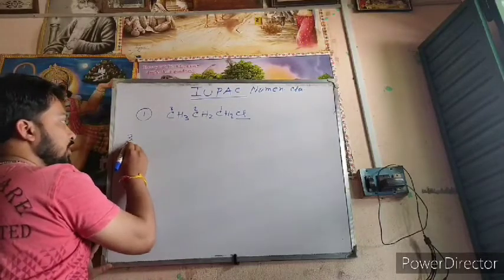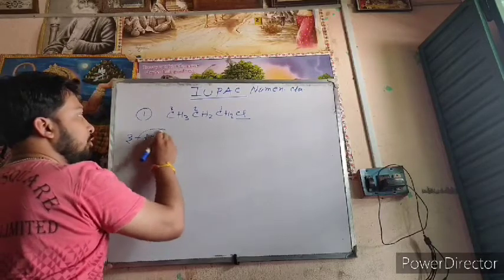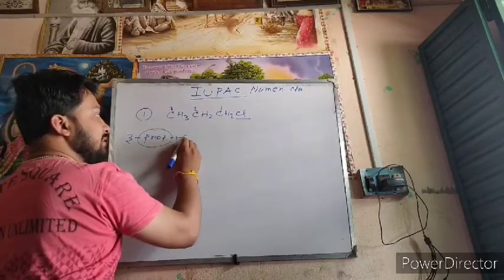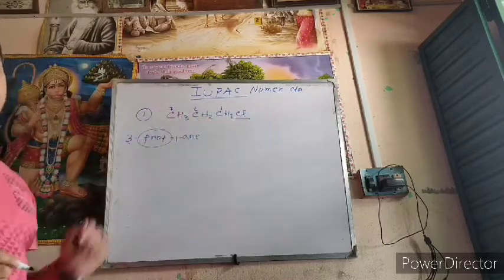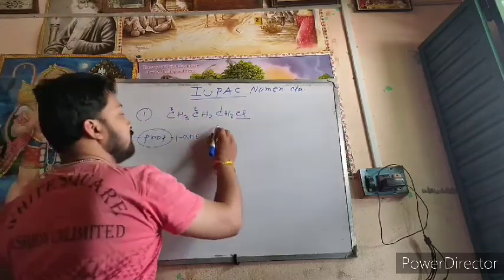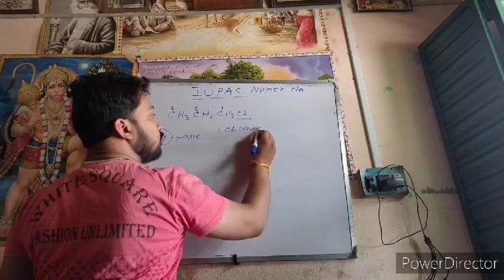Number of carbon 3 means pro, and the bond between them single, that is N. So this is 1 chloro propane.